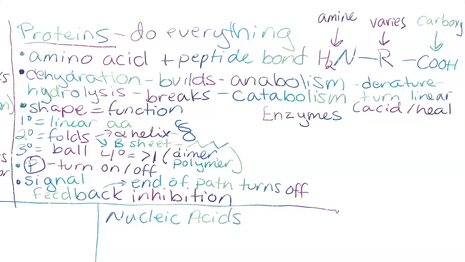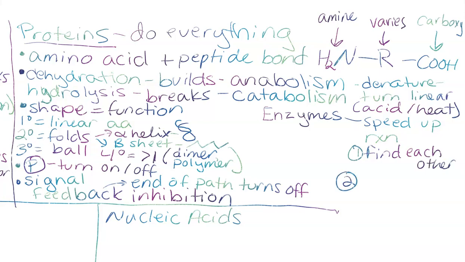Obviously, this destroys the function of the protein. Enzymes have a very important role. They speed up reactions. They do this by helping the reactants find each other and by bending them to react.